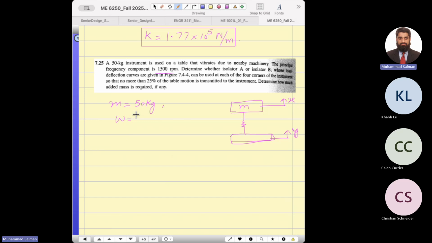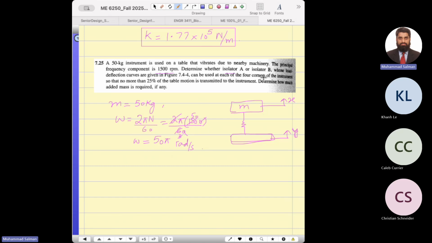Omega equals 2 pi n over 60. Okay, the mass is 50 kilograms, forcing frequency is 50 pi.